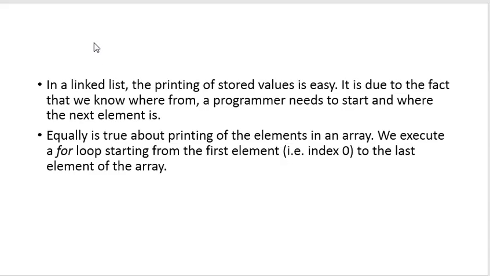In a linked list, the printing of stored values is easy when we store values or delete nodes, because we know where a programmer needs to start and where the next element is. The same is true about printing the elements of an array. We execute a for loop starting from the first element, index 0, to the last element of the array.